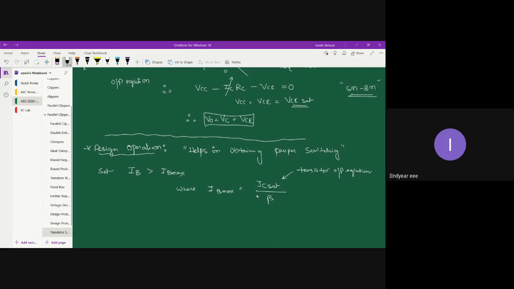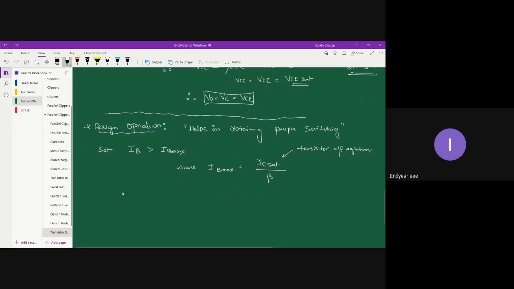Now, normally, as a rule of thumb, as a design rule, take IB equal to 1.2 to 1.5 times IB max. Are you understanding?